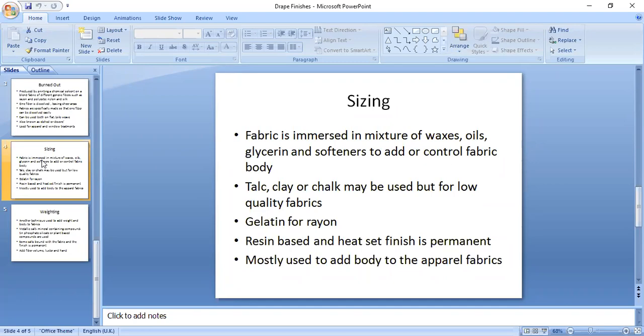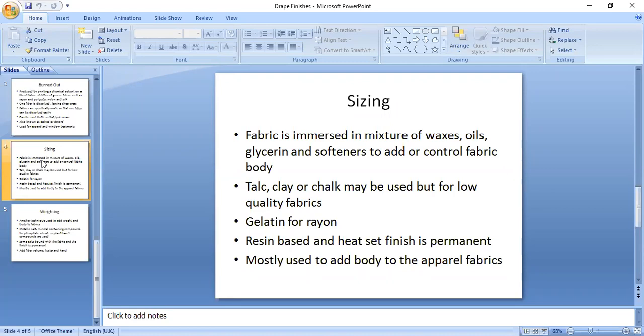But this sizing is added to the fabric to add weight to produce the drape of the fabric. So it should not be confused with the sizing or the slashing that is done to the yarn.